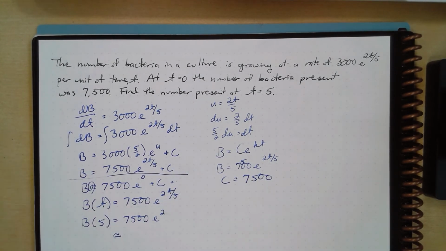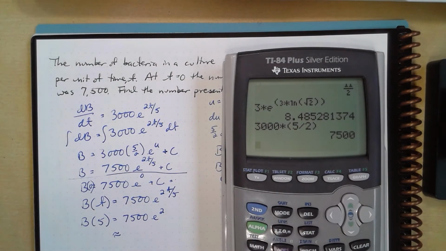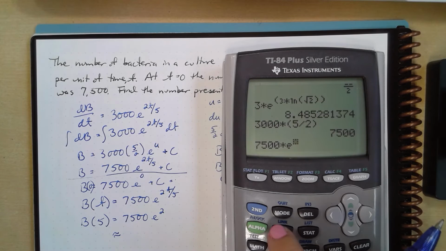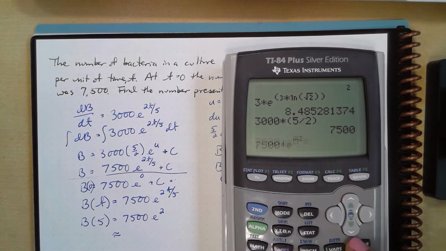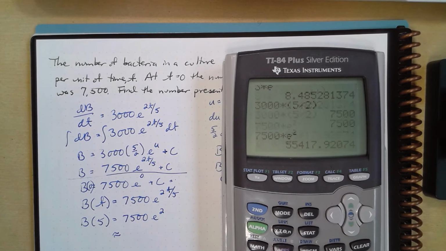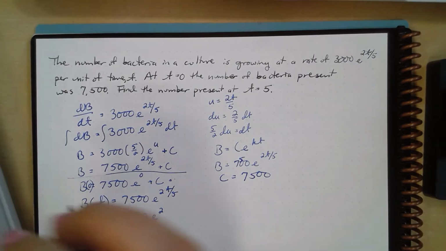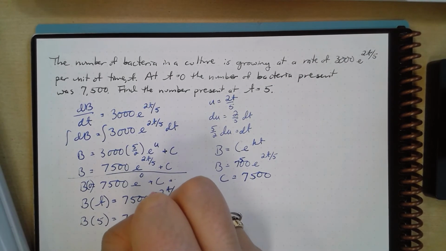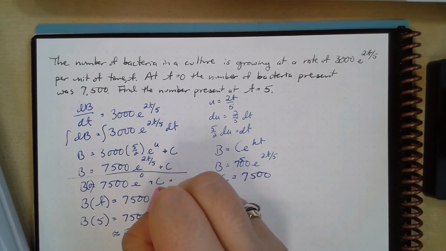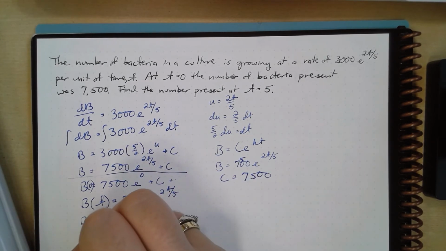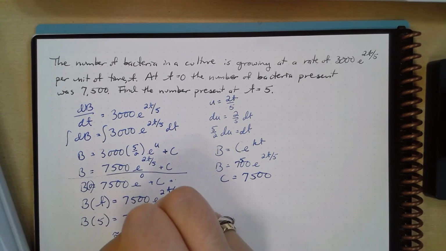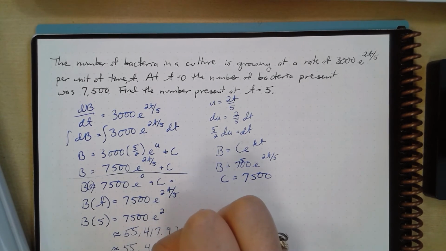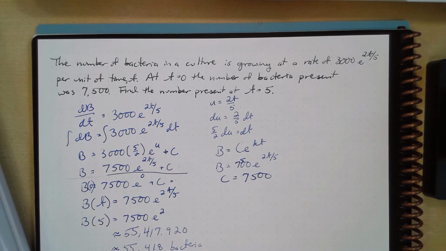And that's about, back to our calculator, 7,500 times e squared equals 55,417.920. So that's about 55,418 bacteria. Yay, bacteria.